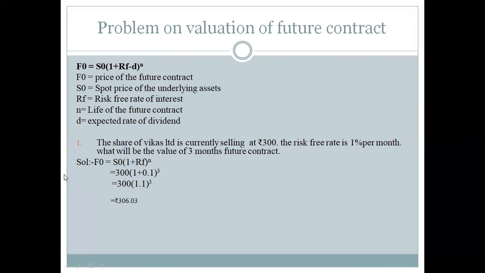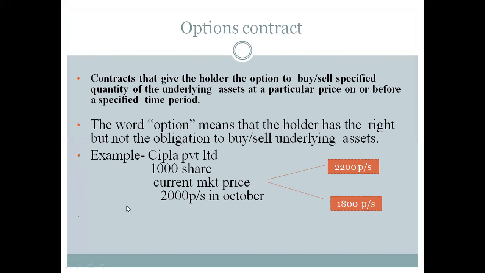This is N. So the formula: S0 300 into (1 plus RF), which is 1%, 0.01, and N is 3, to the power 3. So 1 plus 0.01, 1.01, multiplied 3 times, 1.01 into 1.01 into 1.01. With that answer, you multiply 300, and you get rupees 306, the valuation of this future contract.